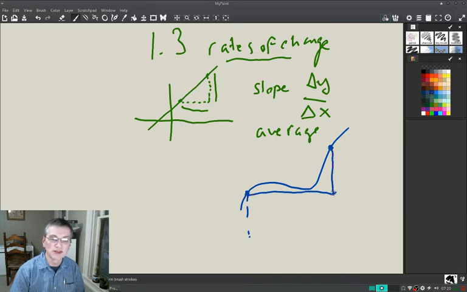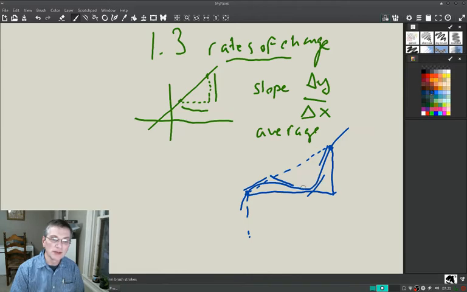What's the average rate of change? It's going to be the change in y and change in x. But that loses a lot of detail. This will give you this line, which is the average rate of change over here. But it's not going to tell you much about this slope here. It actually looks like it decreases in here, and then it becomes very steep. So the average loses a lot of detail.